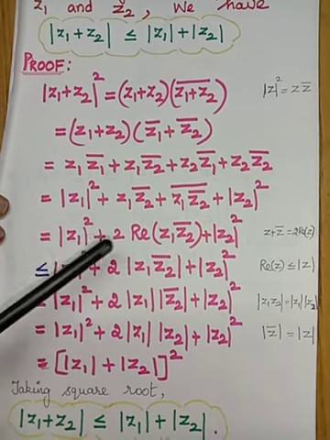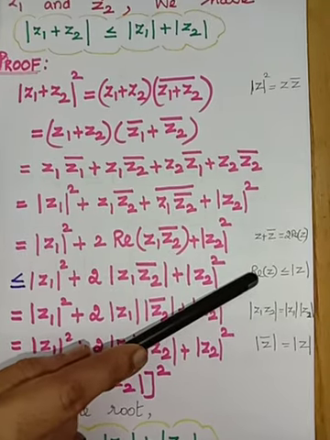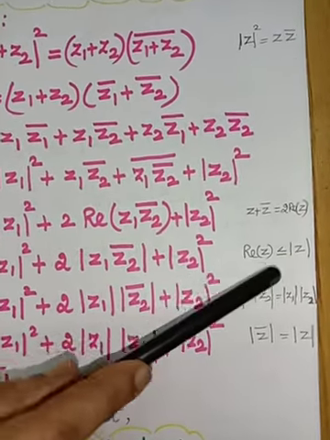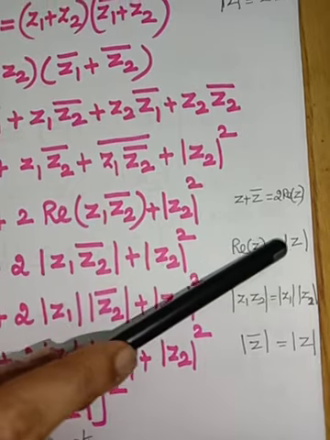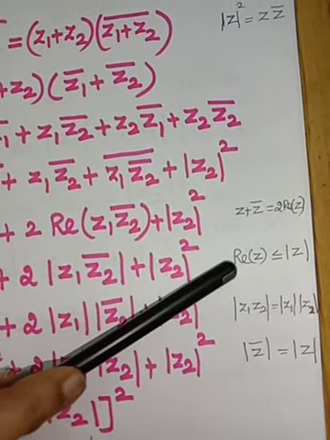The next step is a very important step. You have the formula: real part of z is less than or equal to modulus of z. We have seen this in the properties of modulus.